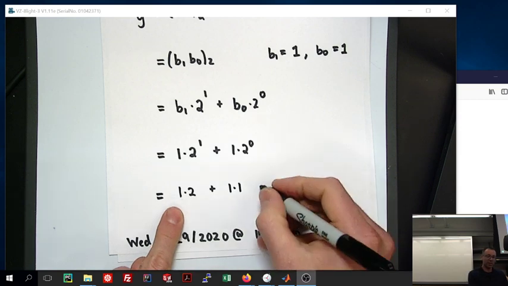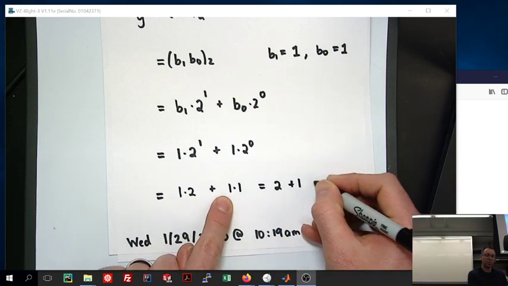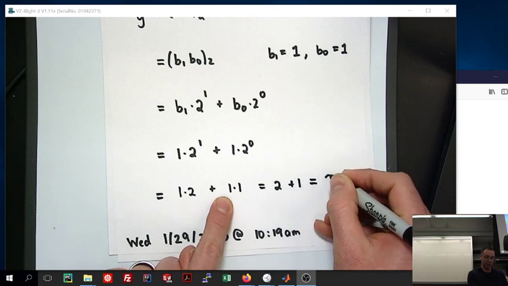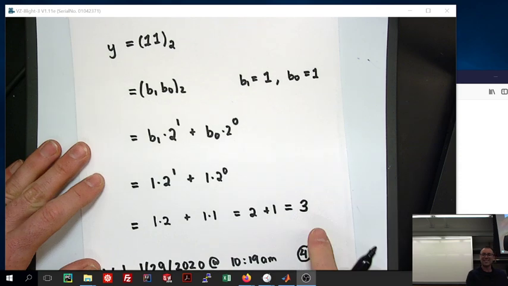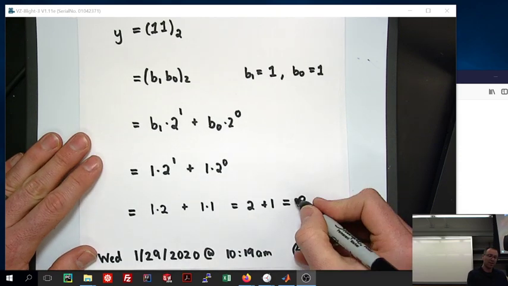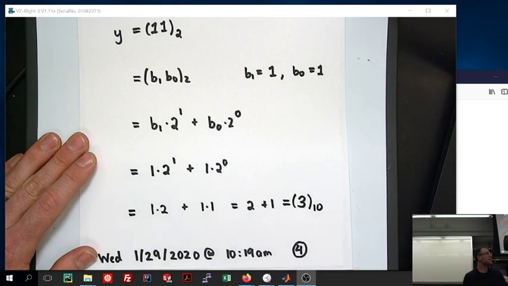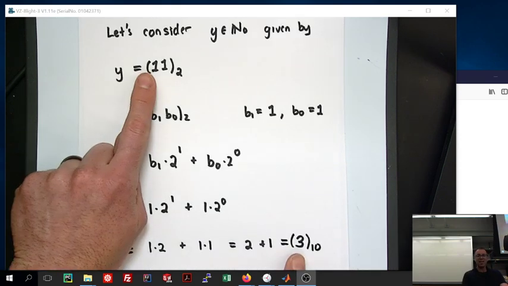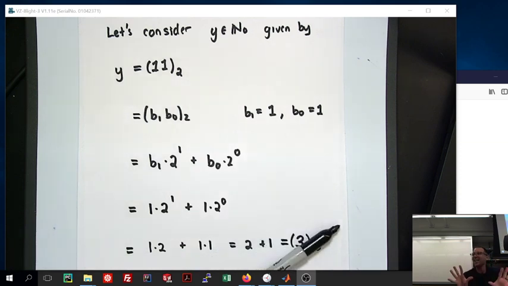1 times 2 is 2. 1 times 1 is 1. 2 plus 1 is, on Wednesdays, it's definitely 3, right? So when I say 3, what do I actually mean there? I mean 3 base 10. These representations are identical.